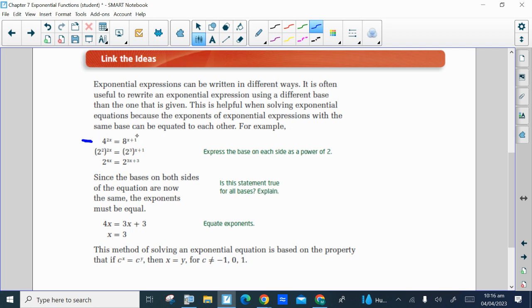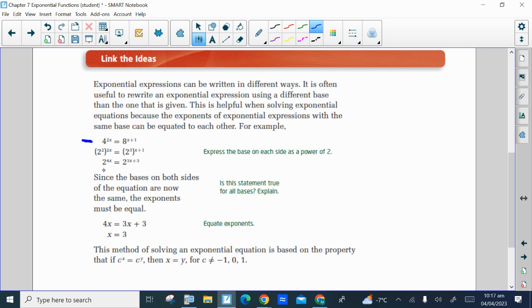But we are told that they are equal. And so if you have two exponential expressions that are equal to each other, and the bases are the same, which they are now, then the other parts must also be equal.